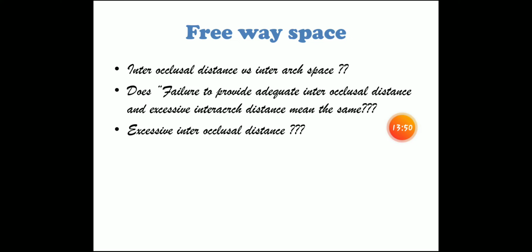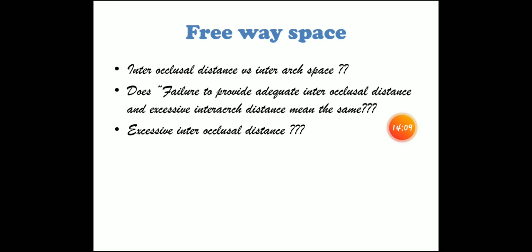So indirectly, interocclusal distance is nothing but the freeway space. Whereas interarch space is the distance between the arches, from one ridge to the other ridge, irrespective of the presence of teeth or not.